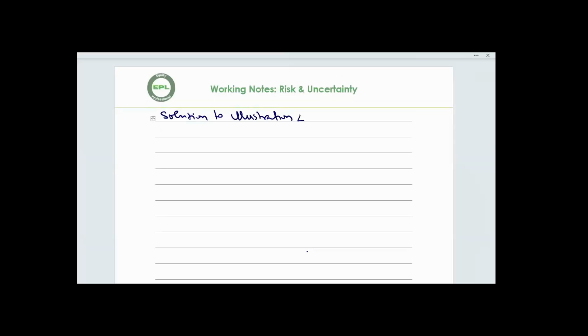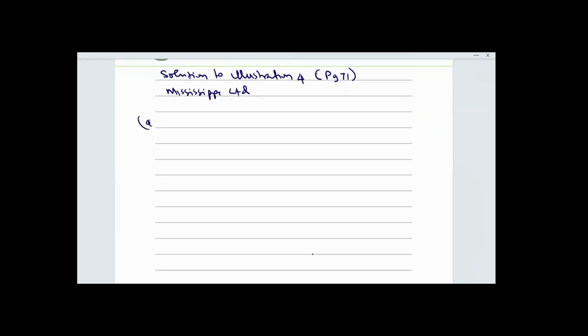Solution to illustration 4, page 71. So the name of the company is Mississippi Limited. All right. Number A requirements, you have to calculate NPV, because in that number A requirement, examiner is asking you to advise whether the investment proposal is worthwhile, meaning that you need to calculate NPV. So I would then say calculating net present value. Okay.